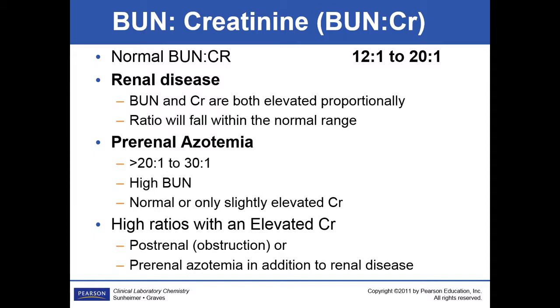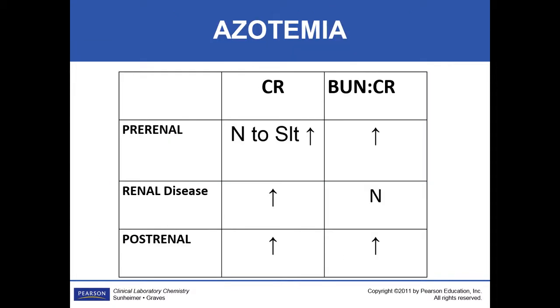If you have a high ratio and an elevated creatinine, it's indicative of an obstruction, or it could be pre-renal with additional renal disease. This chart will kind of help you see that.